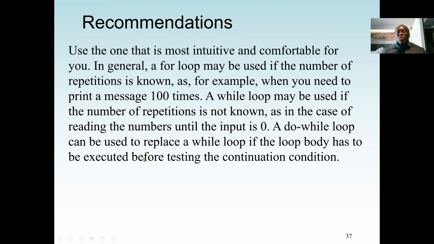So the recommendation given here is to use the one that is most intuitive and comfortable for you. A do while loop can be used to replace a while loop only if the loop body has to be executed before testing the condition. As I said, in the do while loop, execution will take place once before we check the condition. If I know how many times the loop will execute, I'll use a for loop.